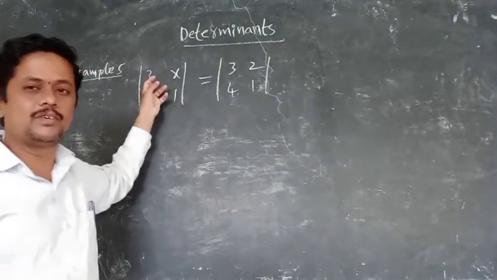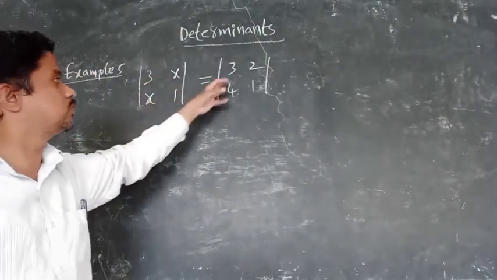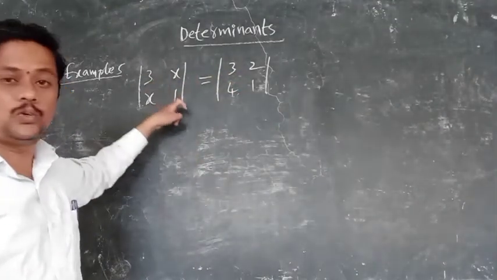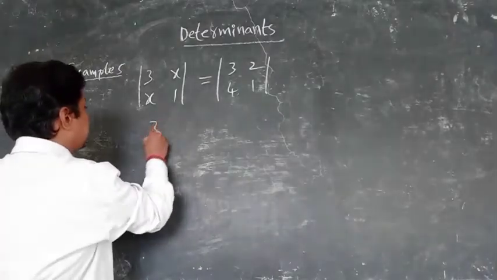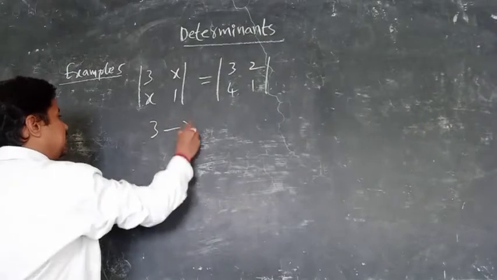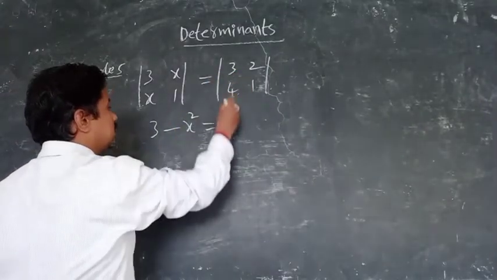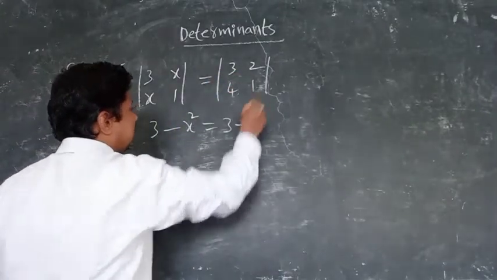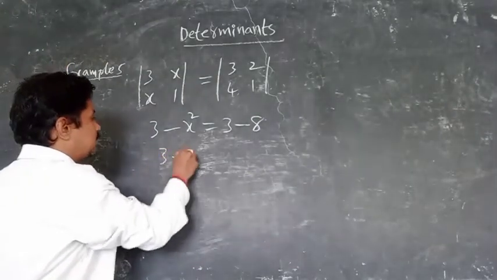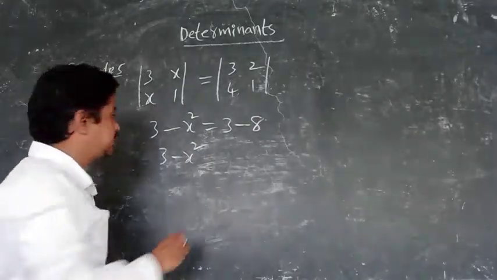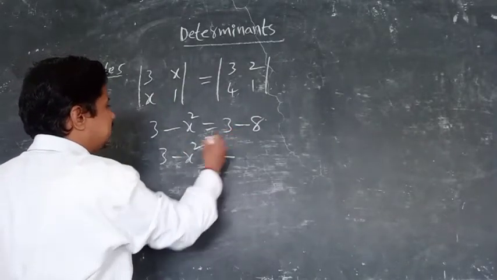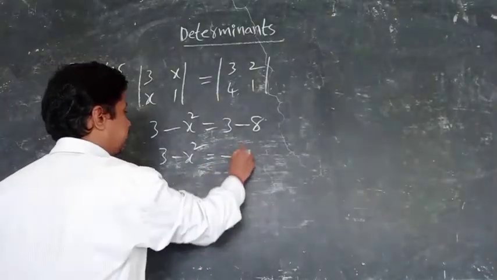The determinant of 3, x, x, 1 is equal to the determinant of 3, 4, 2, 1. How to calculate the x value? 3 into 1 is 3, minus x into x is x square, is equal to 3 into 1 is 3, minus 4 twos are 8. So 3 minus x square is equal to 3 minus 8, which is minus 5.